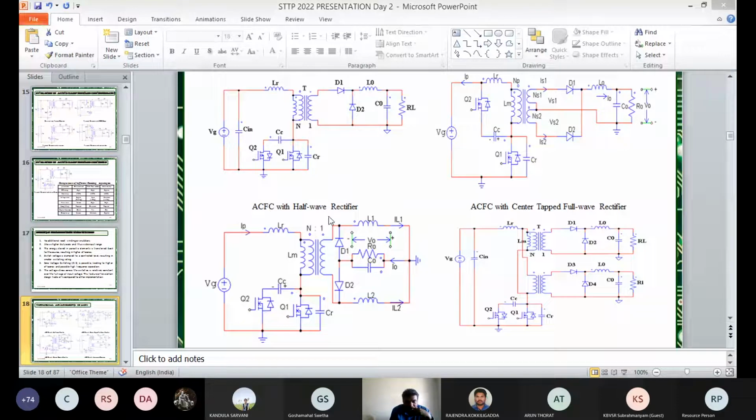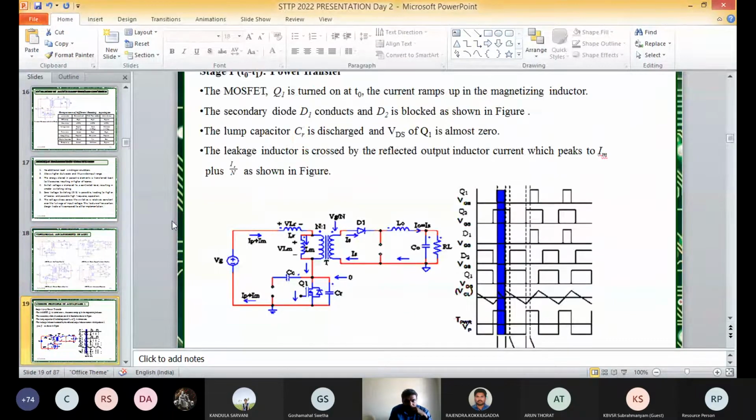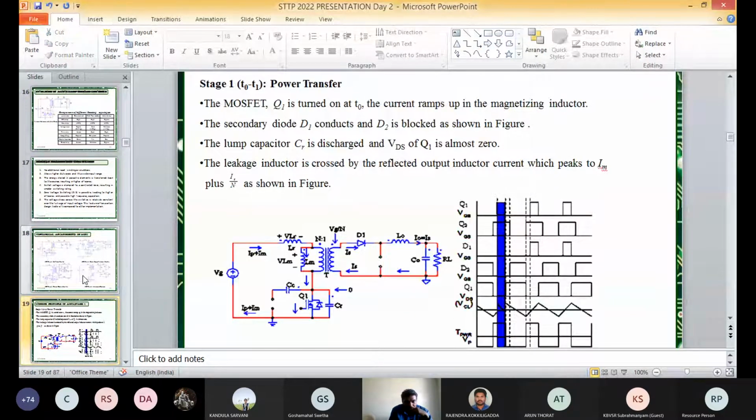That's why they use different configurations: half wave rectifier and full wave rectifier, the current doubler circuit and the interleaved converter. Like that, in active clamping also there are different configurations available.